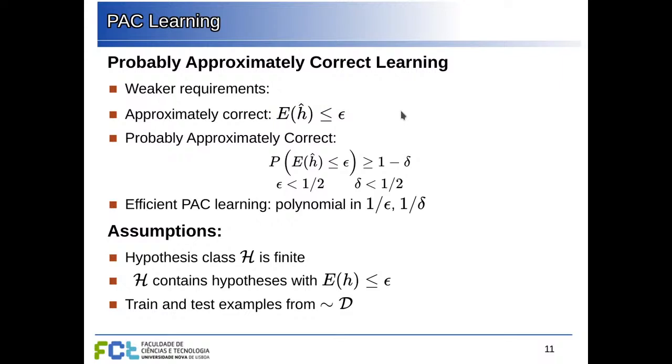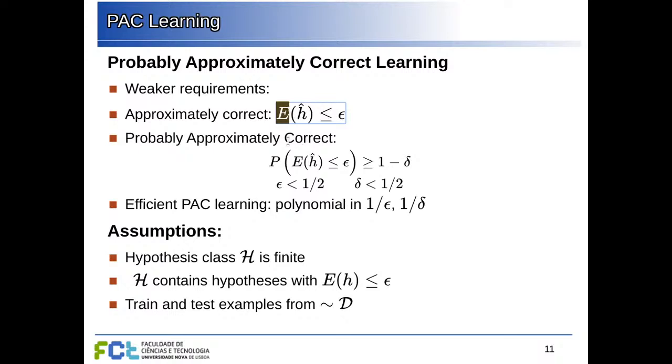So it's below some epsilon that, for example, is no larger than 1/2, and so we are performing better than chance, but it can actually be smaller. It's just that we cannot demand that it's 0. So it's approximately correct. We have a small true error. And we cannot even guarantee 100% sure that it will be approximately correct because we don't know the true error. We are just estimating based on the empirical error.